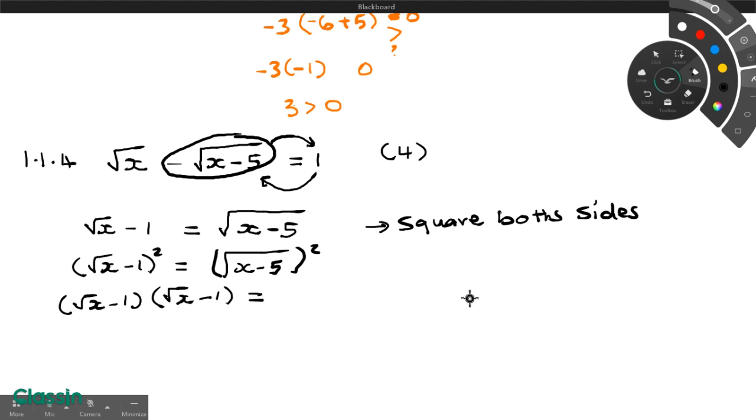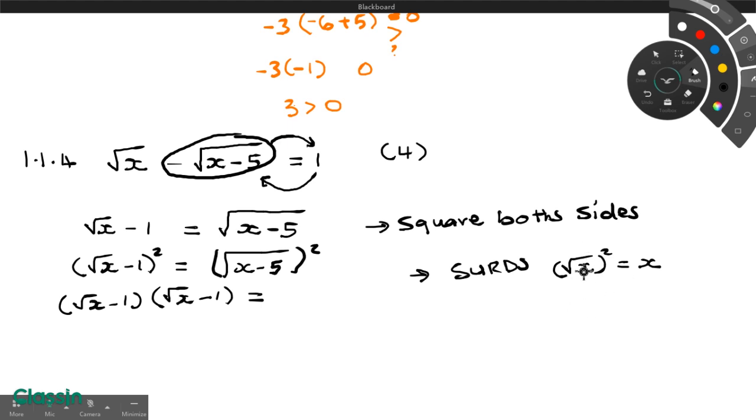According to the sets which you did in grade 11, the square root of a number squared is the same as the number.